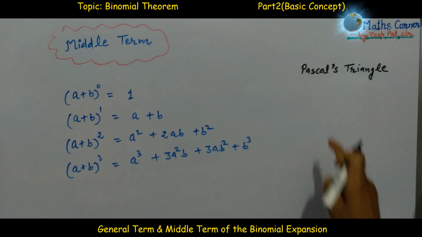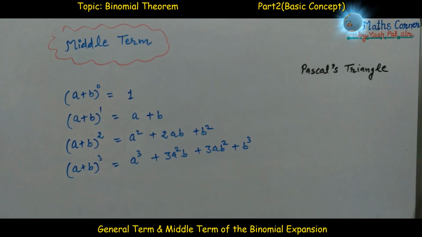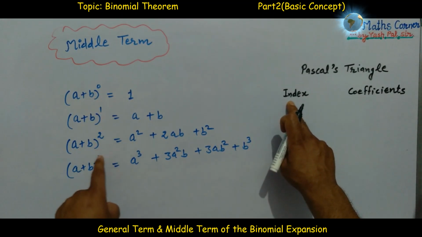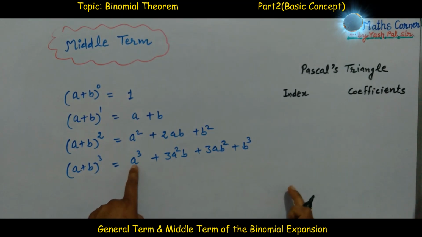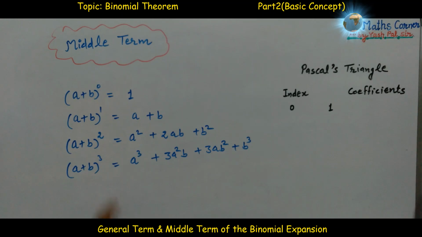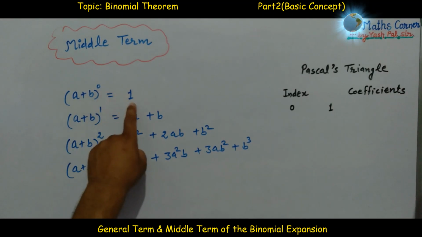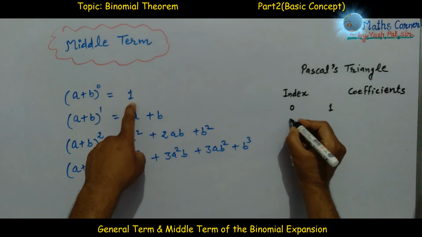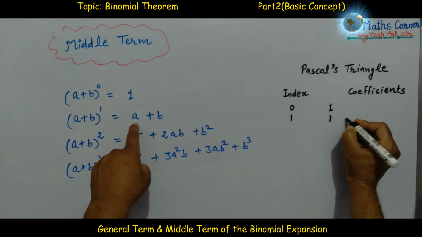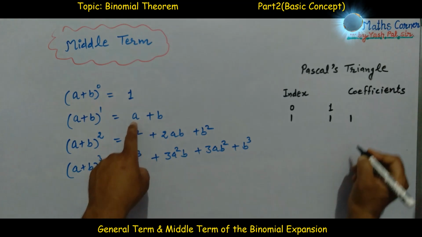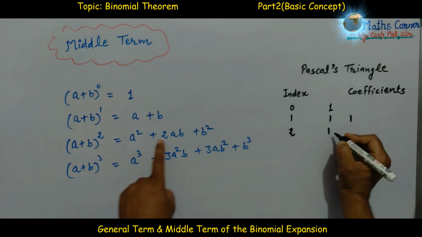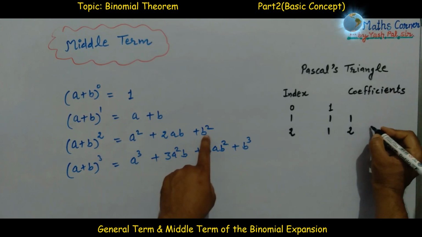In the previous video we have already discussed Pascal's triangle. This is about index, that is power, and the coefficients, that is 1 3 3 1 etc. When index is 0, power is 0, then coefficient is 1. When index is 1, then coefficient of a is 1, coefficient of b is also 1. When index is 2, first coefficient is 1, second coefficient is 2, third coefficient is 1.